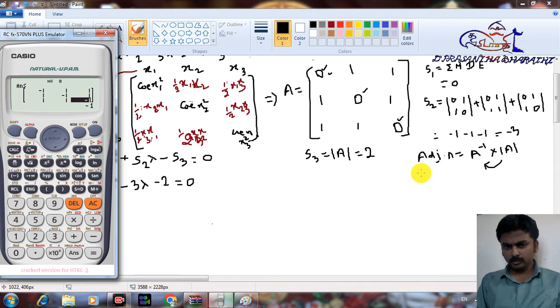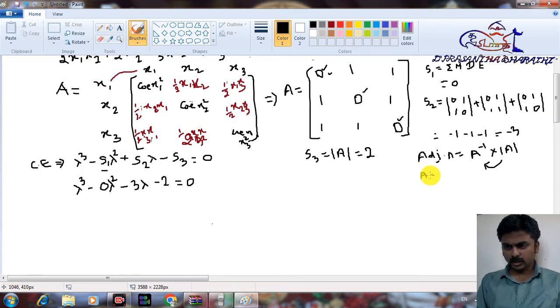So adjoint A can be given by minus 1, minus 1, minus 1 as the main diagonal elements, and the remaining elements are all equal to 1.